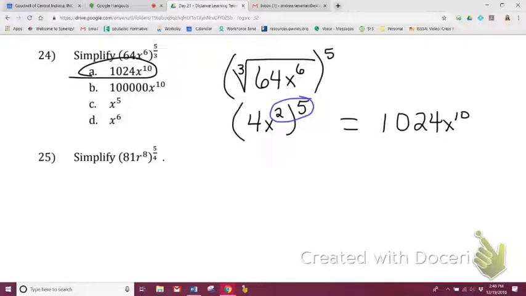You're going to type 64, and then you're going to hit the second button, right above the division sign, and then you type that 3 in there. So you have the 3rd root of it. And then we take that to the 5th power. Yep, 4 to the 5th power.